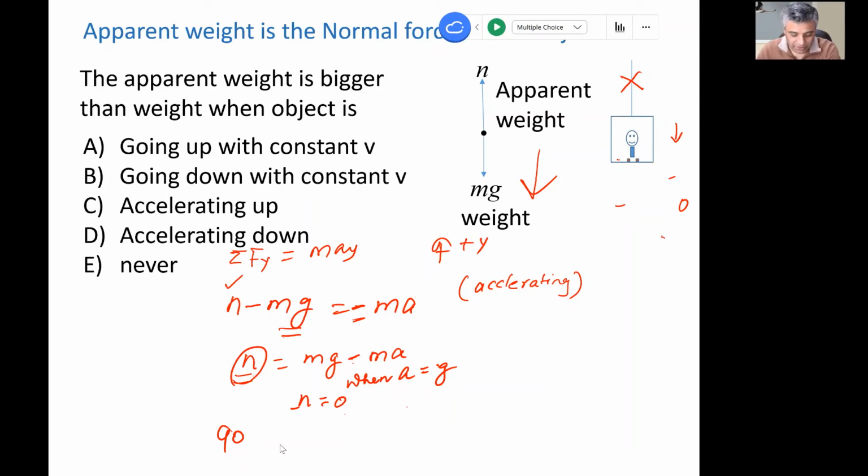So have you ever jumped off a table or something like that? Do you feel a little bit different for that moment? That's a very short time.